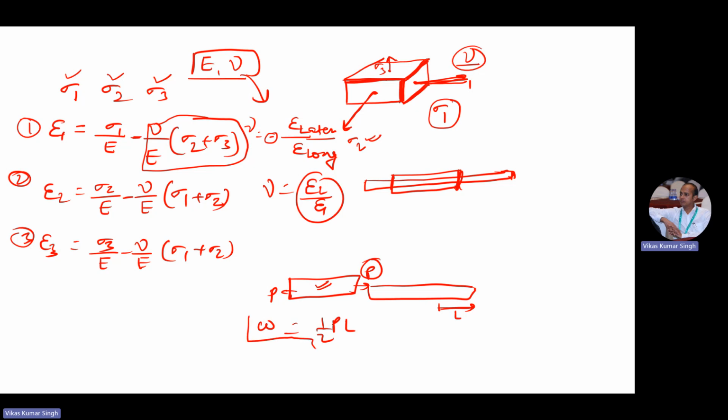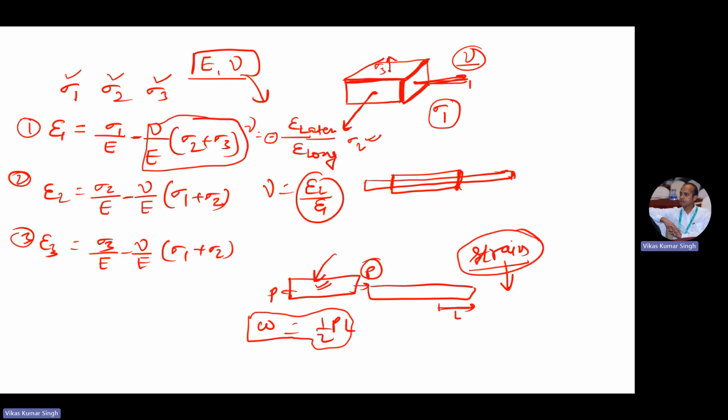This work done is nothing but the energy which we are putting into the material. Because of this energy, the material has deformed, and because of that deformation, length or width or thickness has changed. Because of that change in dimension, strain is coming. So strain is purely a geometric parameter.